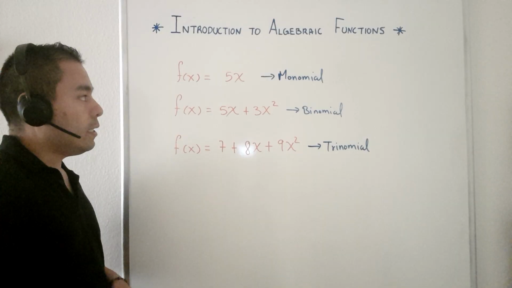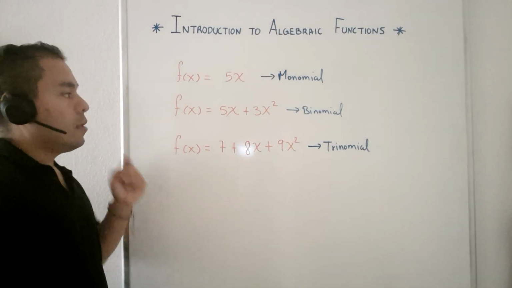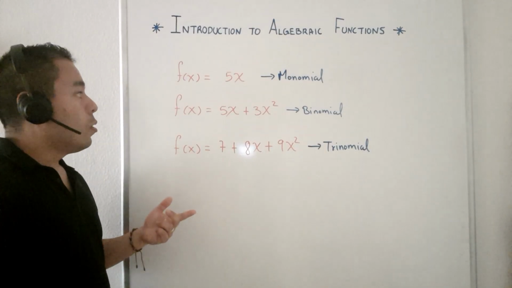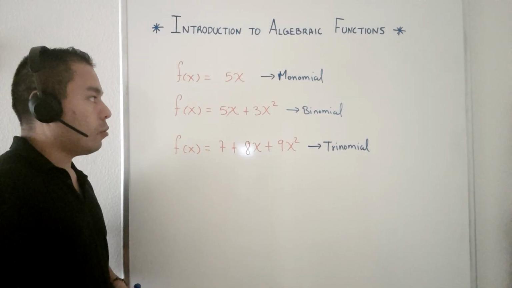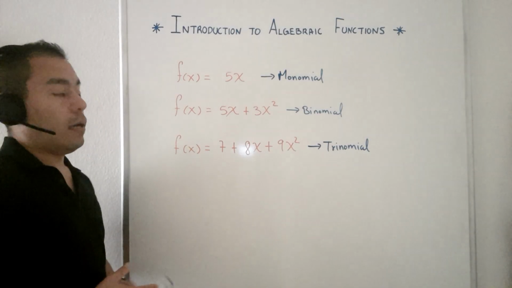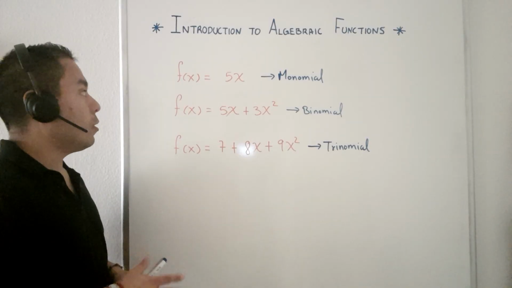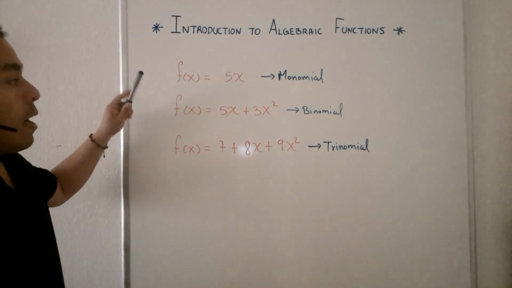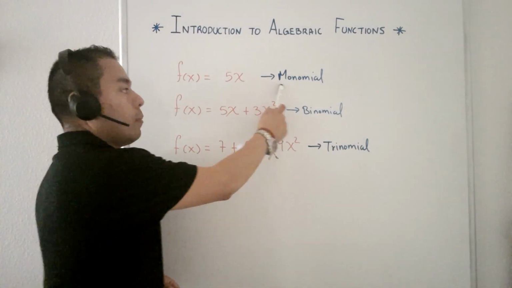So, continuing with this, I have written here 3 types of functions that I would like to introduce as well. We have different names for different functions, or we can classify them depending on the number of terms that we encounter in each of the functions. For example, if we have a function containing only one term, we call them monomials.